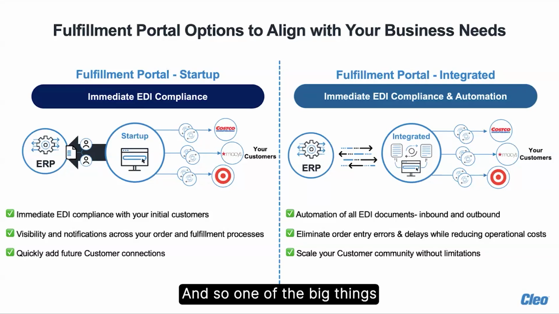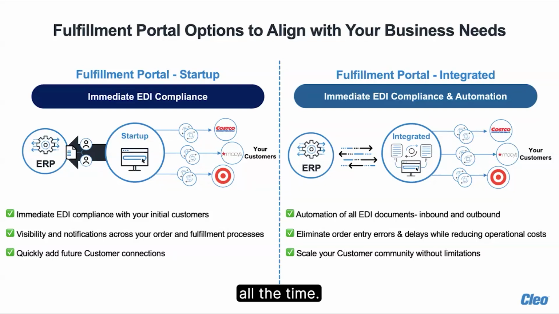And so one of the big things we can do for our customers is this integrated option where we can actually speak to different systems of record. Some of you might do this today, which is fantastic. And if you don't, just be aware that there are options here to automate some of these flows so you don't have to key in all the data all the time.